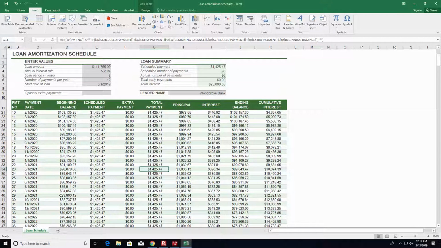After my 29th payment on September 1st, I'm going to owe $82,737.78. Right?